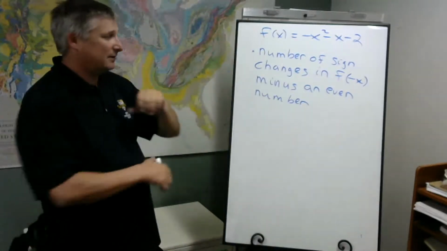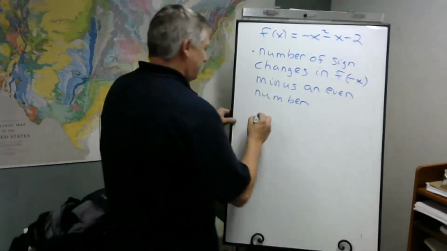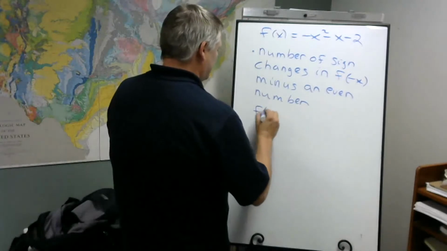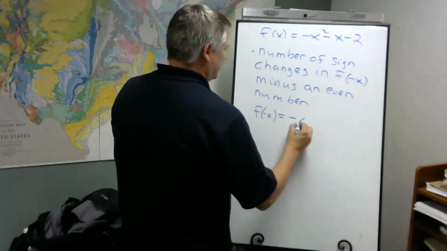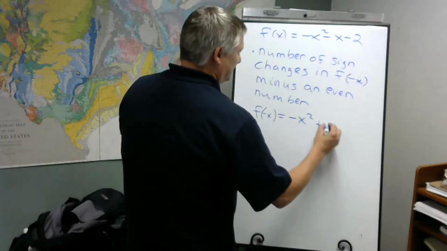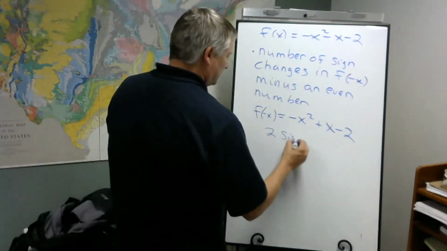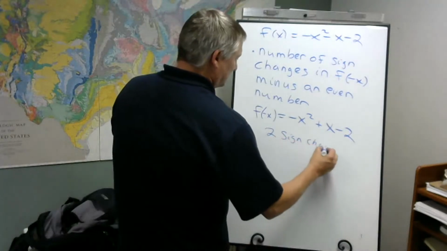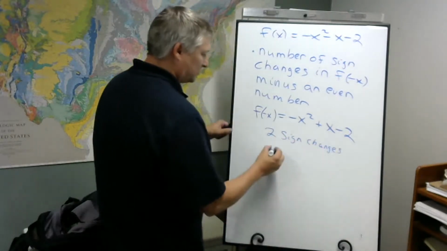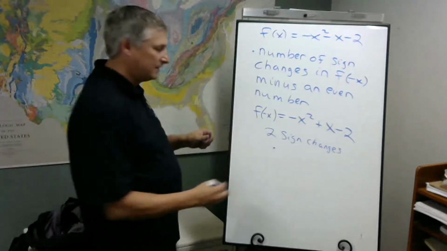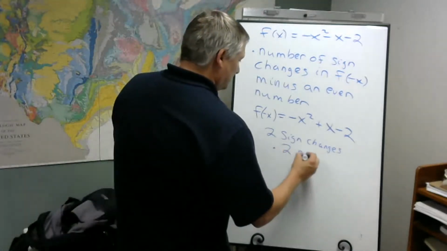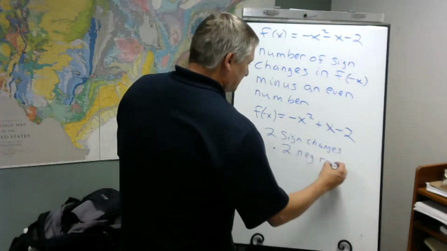So again, taking a look at this, f of minus x was negative x squared plus x minus 2. So we had two sign changes. So from our first part, that means there are two negative real roots.